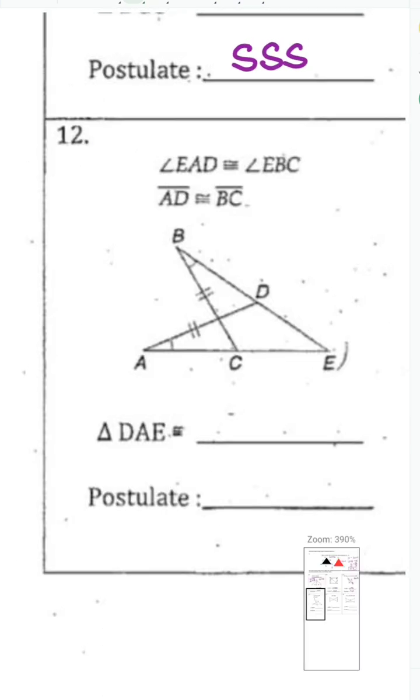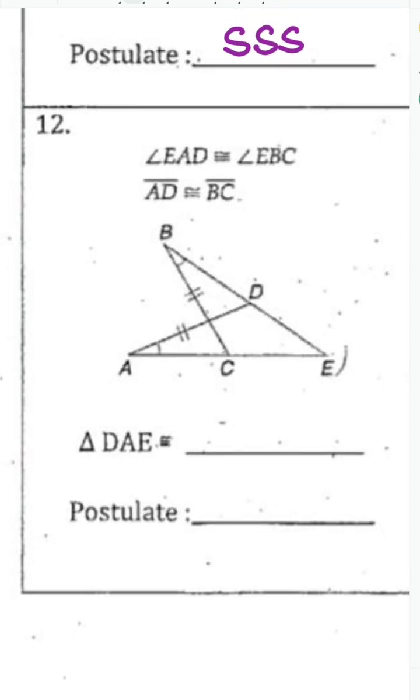Okay, number 12. Angle EAD, where is EAD? This one is congruent to EBC, this one, and then side AD, this side here is congruent to BC. Prove that triangle DAE is congruent to triangle CBE.